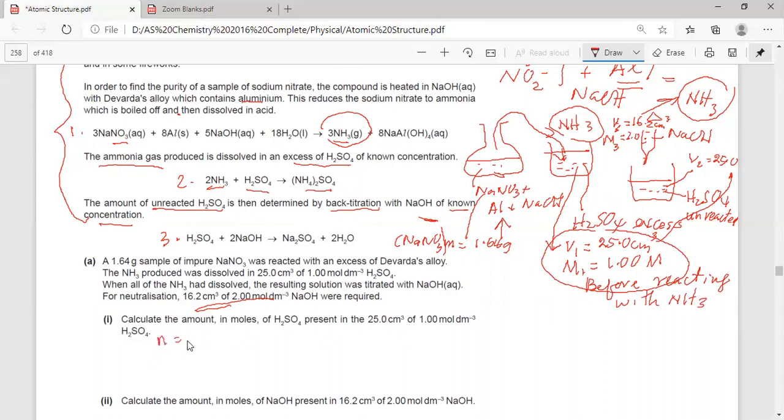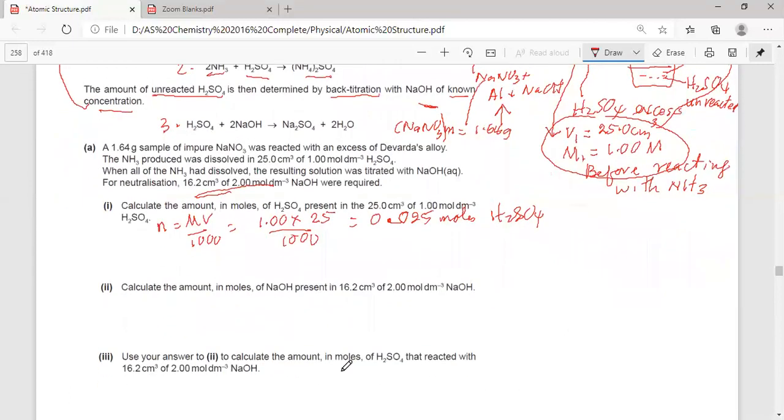Number of moles equals NV over 1000. You always use this formula. What's the molarity? 1.00 times 25 over 1000. So the answer is 0.0025 moles of H2SO4 originally.